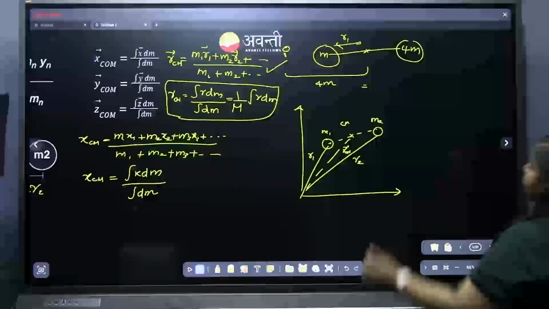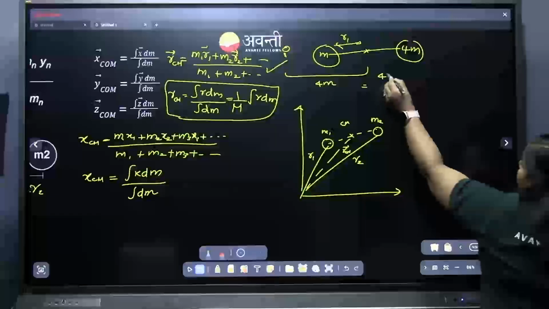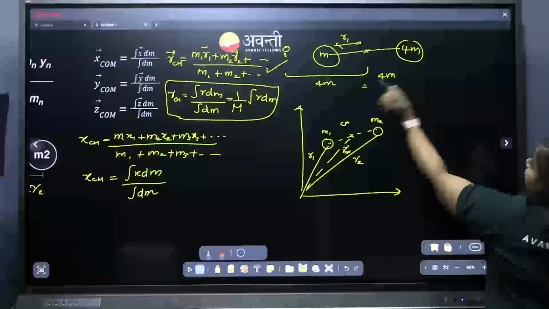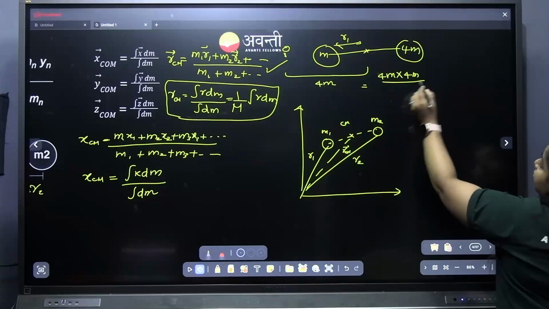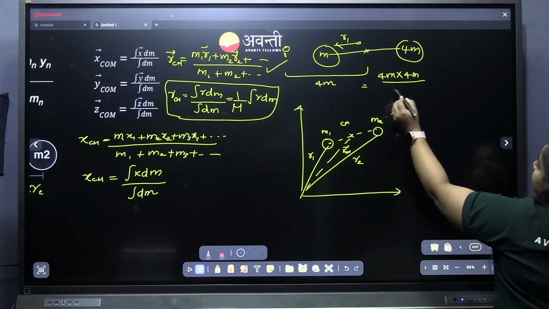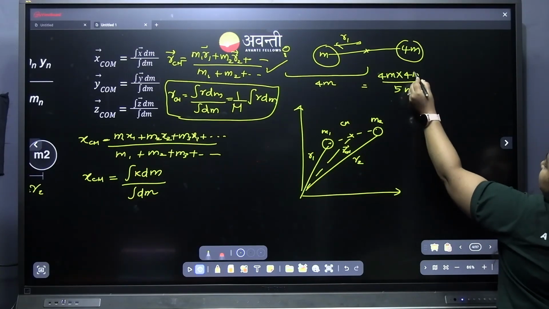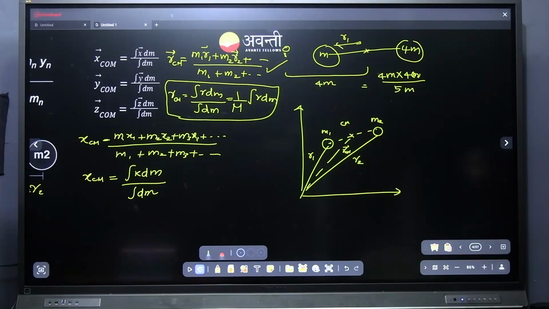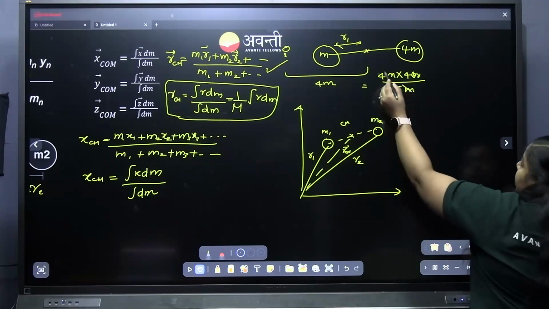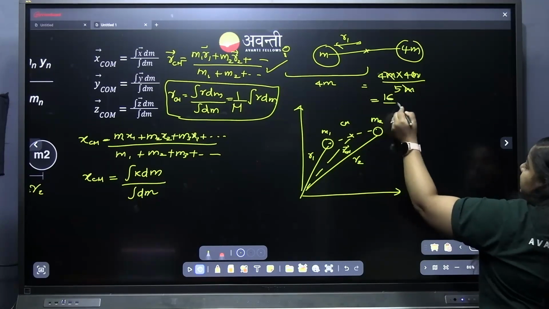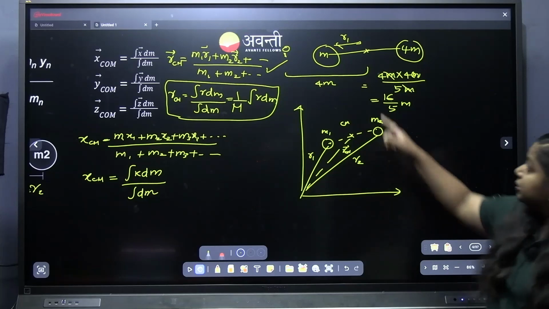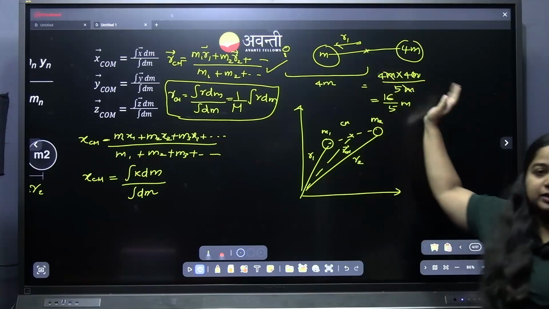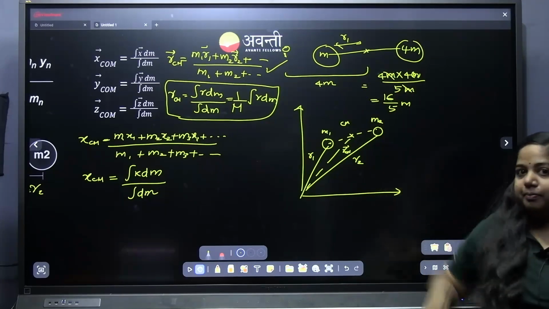So m2 is 4m into 4 meter, divided by m1 plus m2, which is 5m. This is meter, not m. So m cancels, and this will be 16 by 5 meter. Is it clear now? Distance between m and the center of mass will be 16 by 5 meter.